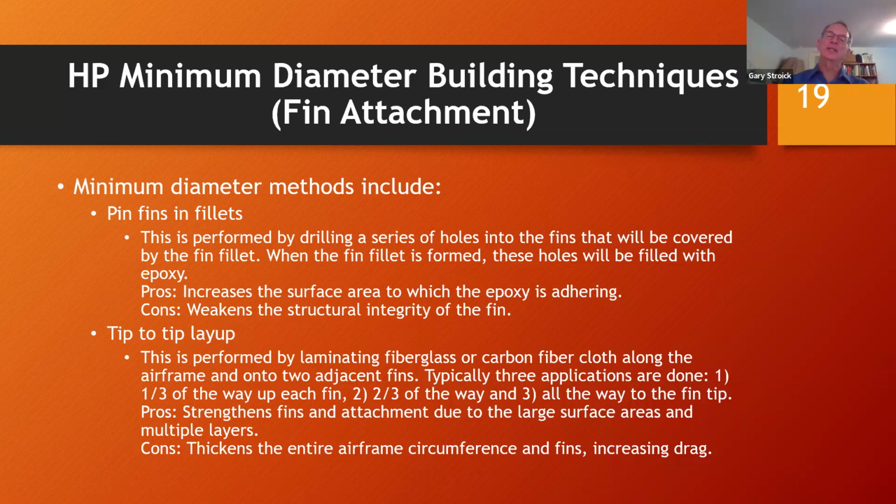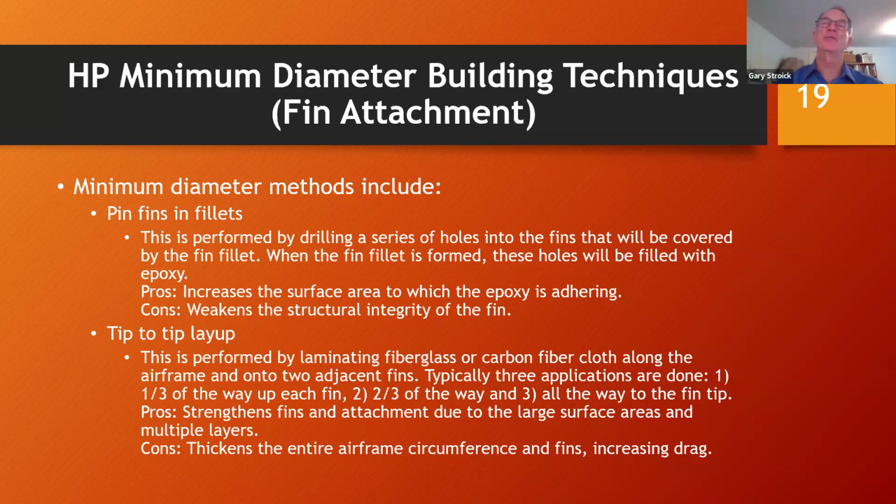This way, what you've done is now you've created 3 layers of fiberglass that are actually holding the fins to the airframe, and also supporting the structure of the fin at the very base, and that structure is just getting slightly narrower as you go to the top.